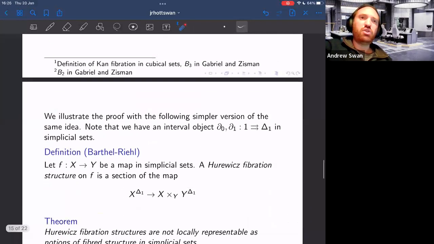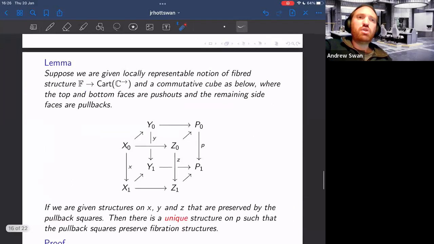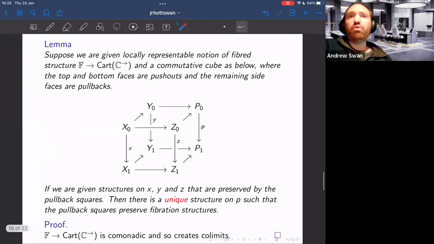I won't define these, but I'll talk about the main ideas which go into the proof. One key idea is that if a notion of fibration structure is locally representable, then by comonadicity, the underlying functor creates colimits.